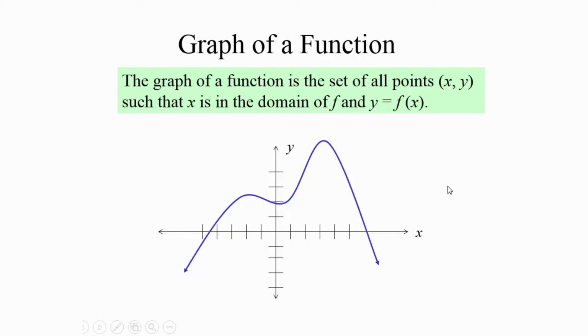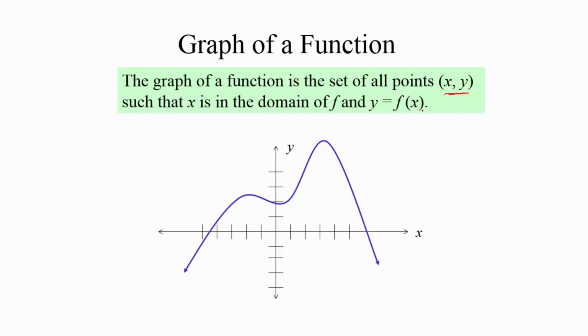Domain of a function. Now, going to graph of a function. Graph of a function is a set of all points with the coordinates x and y such that x is in the domain of f and y equals f of x, right?